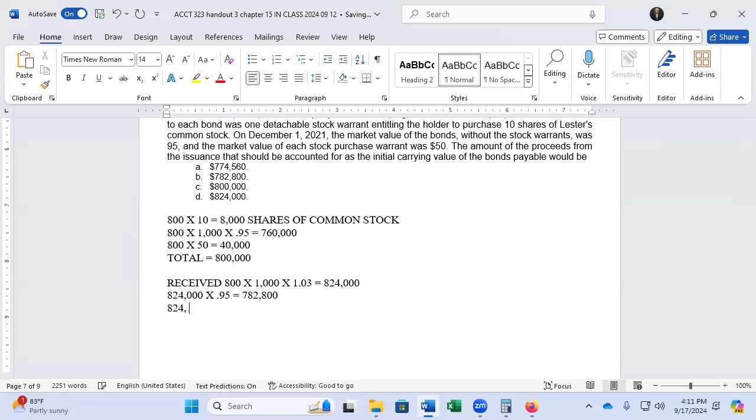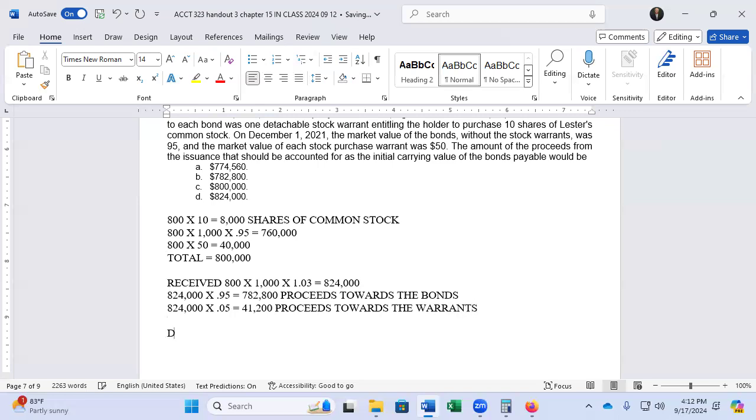And 824,000 times 0.05 is equal to 41,200. So this is the proceeds towards the bonds, and this is the proceeds towards the warrants.